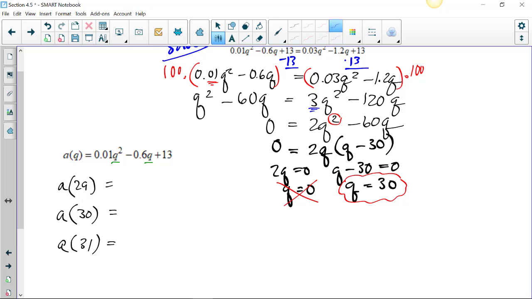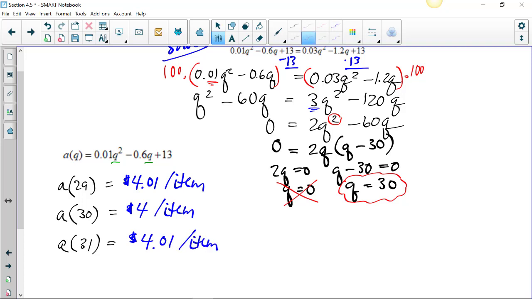So at 29 items, the average cost is $4.01 per item. At 30 items, the average cost is $4 per item. And at 31 items, the average cost is $4.01 per item.